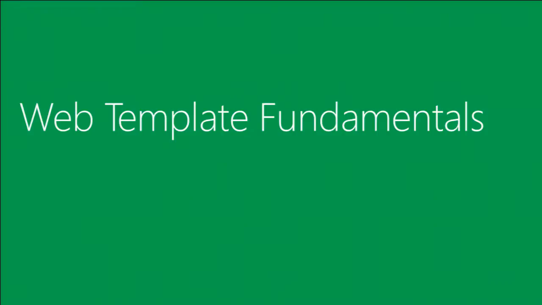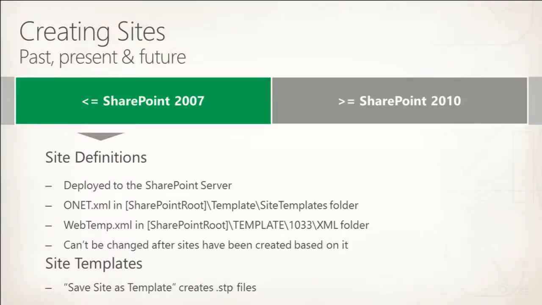We will start with the fundamentals. From SharePoint 2007 and before SharePoint 2007, if we wanted to create templated sites, custom templated sites, we would create custom site definitions. We had no other choice but to deploy them to the server, so they were all full trust solutions. All deployed to the SharePoint server. We would need an onet.xml file, which was deployed to the SharePoint root template site templates folder.